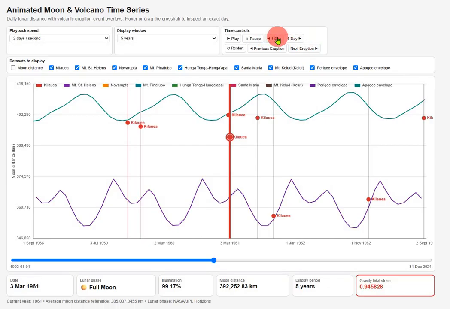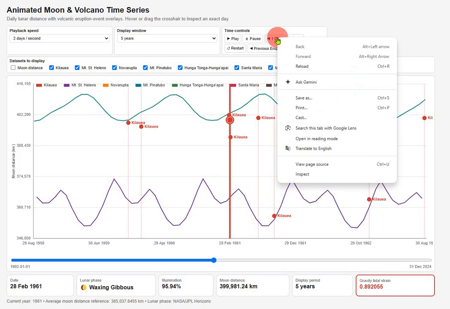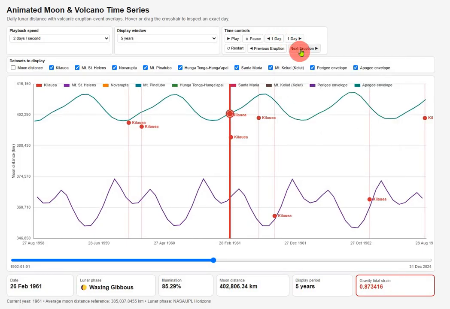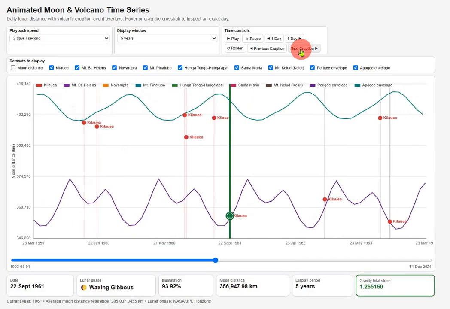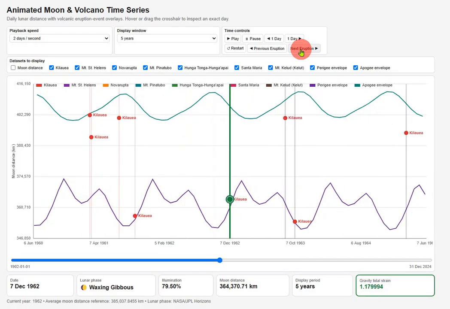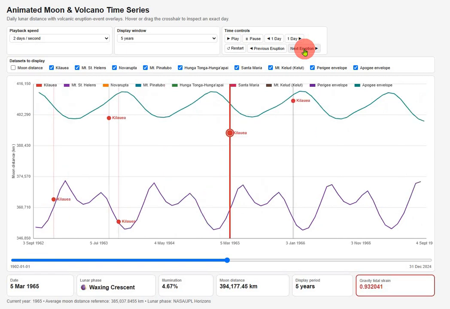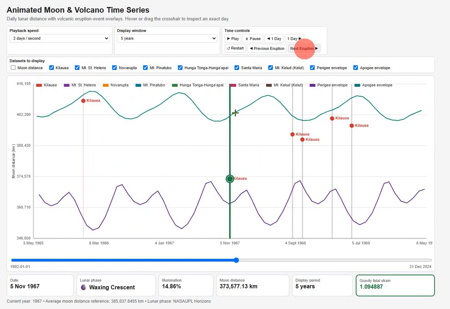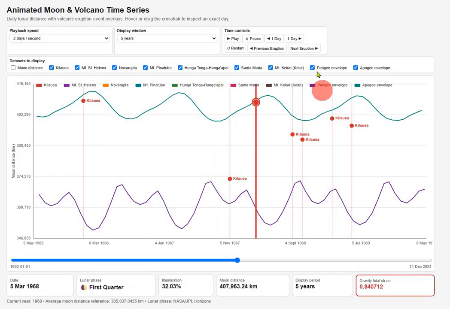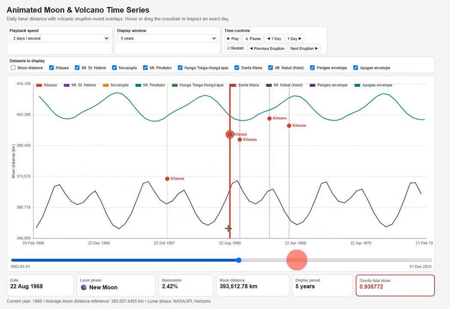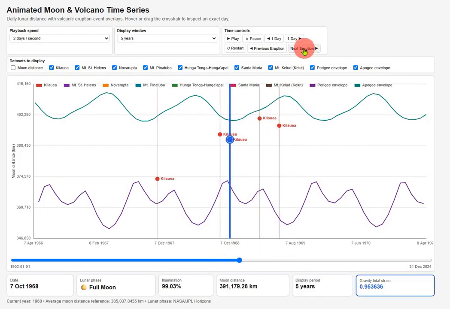That one is 1, 2, 3, 4, 5, about 5 days away from each other. Here's another one right near perigee, kind of mid-range, perigee, mid-range, apogee. In this lower section again, where it tightens up, we had 4 in this period from August 68 to June 69.